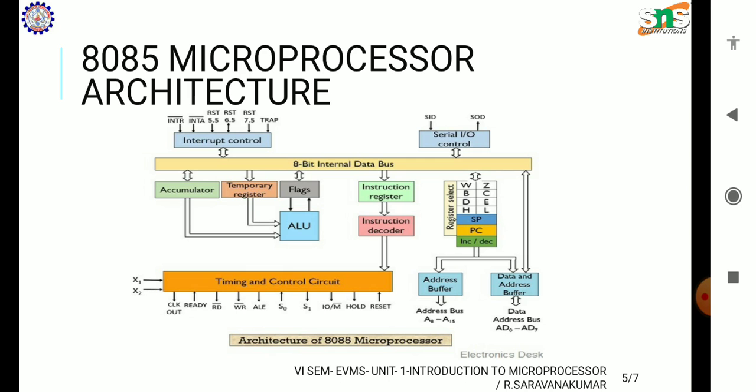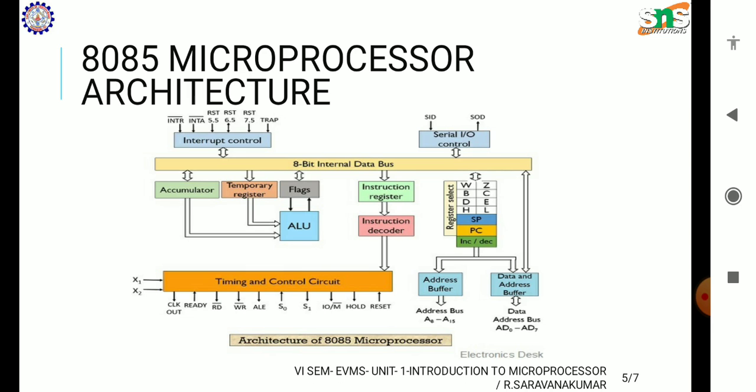Here you can see a data bus, called the 8-bit internal data bus, which is connected with the serial input output control, and on the left-hand side you can see the interrupt control. Here 6 lines are connected with this data bus.